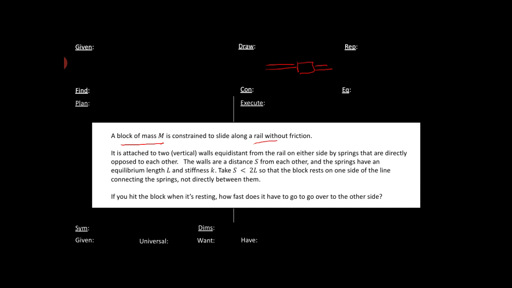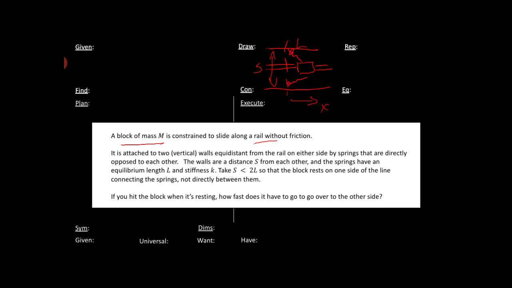Then that's going to be powered by springs, like this, attached to some wall. So this is the center line there, and then it'll come out some distance x here. These springs have an equilibrium length of L, and then we've got a separation S between the walls.